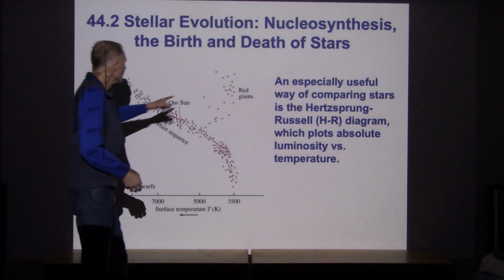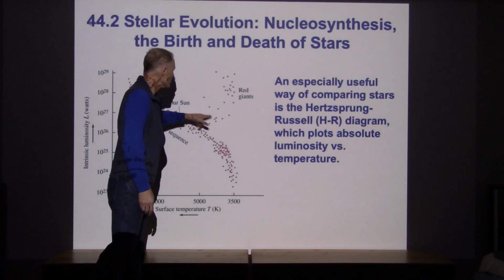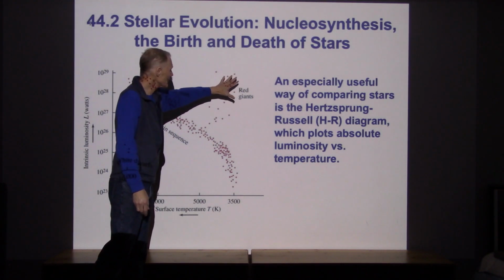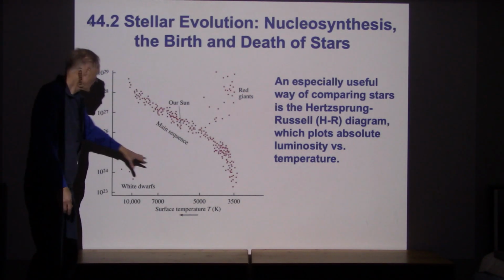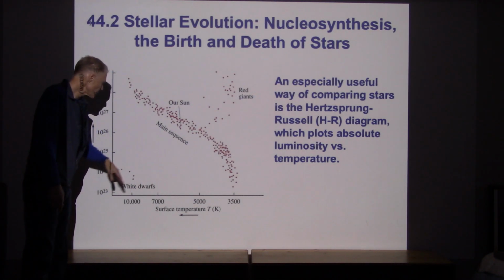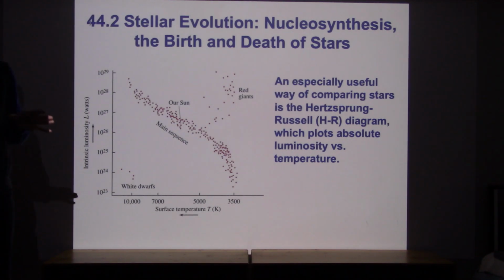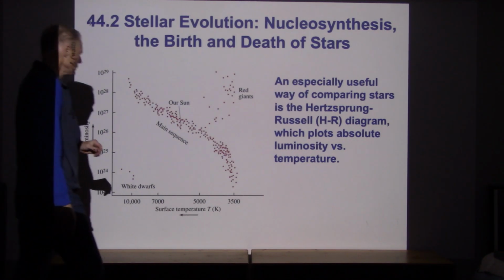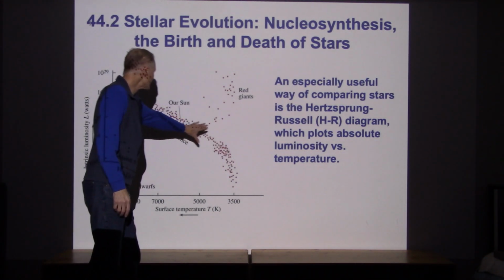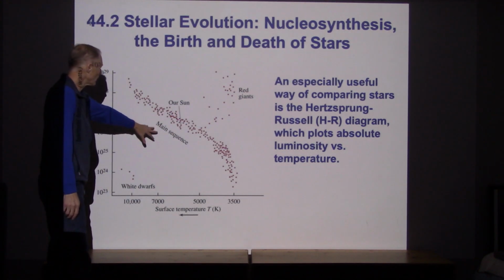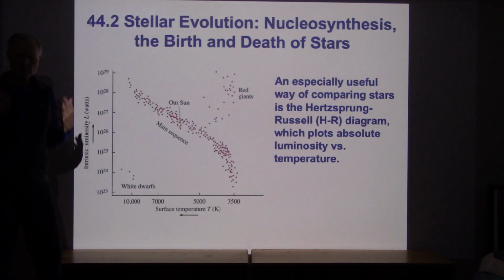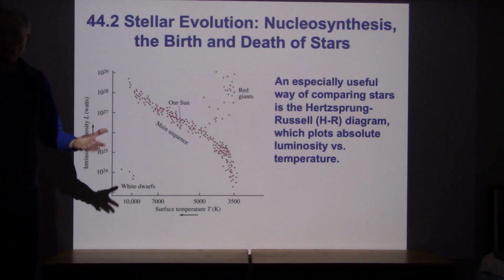So those two properties are correlated for most stars. But notice there's also some exceptions over here, this region that's labeled as red giants, and there's some exceptions over here, this region labeled as white dwarfs. But for now, let's just talk a little bit about this general pattern that we see down the middle that's called the main sequence. And I always feel like main sequence, that would be a great name for a rock band, right?